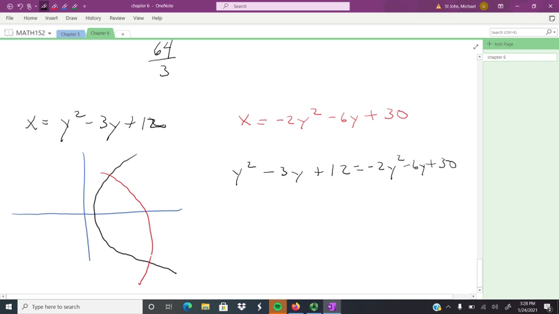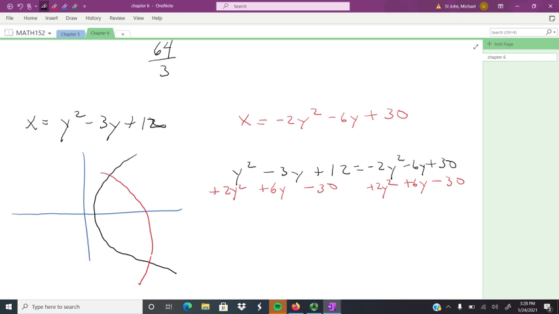And it is a quadratic, so we want to set equal to 0. So we're going to add 2y squared, add 6y, and subtract 30.